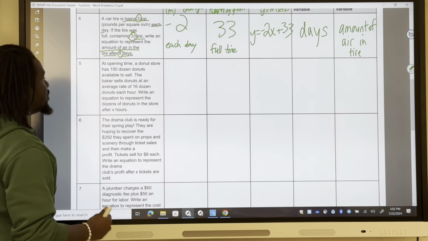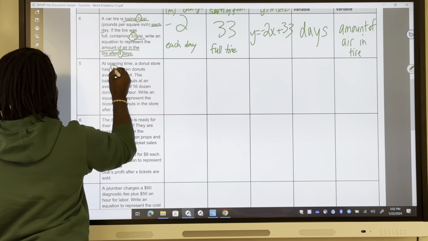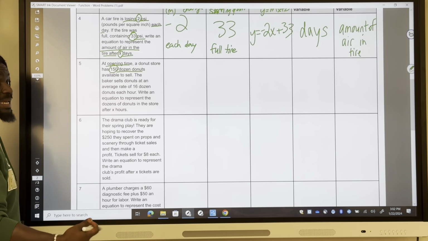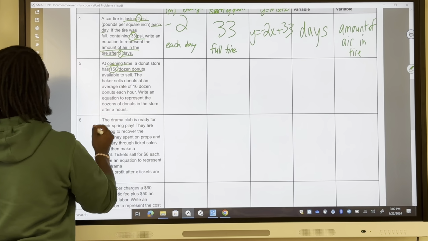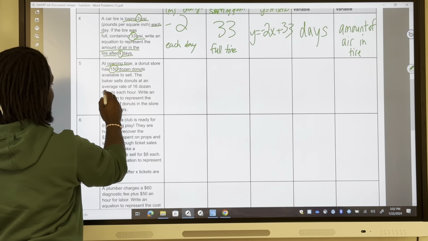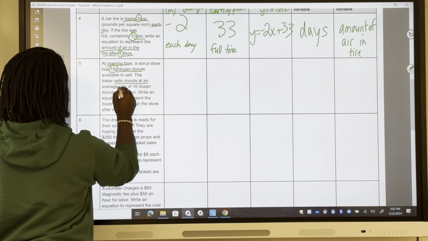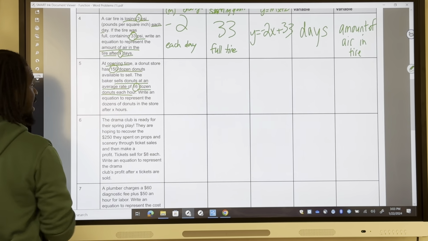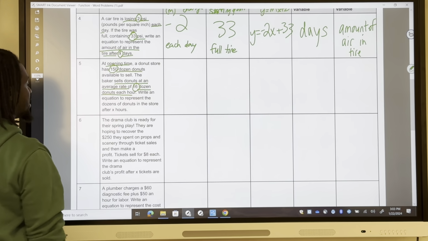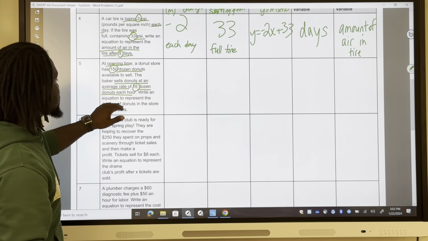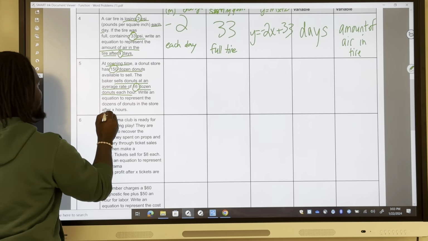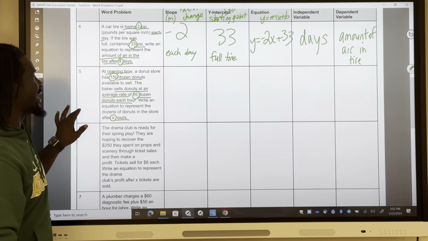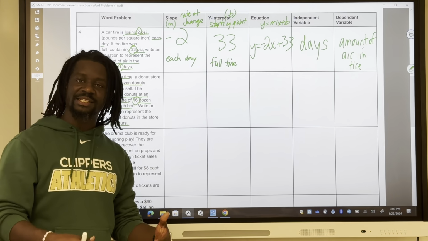Question number 5. At opening time, a donut store has 150 donuts. Again, at opening time, it has 150 donuts at the beginning of the day, right, to sell. The baker sells donuts at an average rate, so they sell donuts at an average rate of 16 dozen donuts each hour. Write an equation to represent the dozens of donuts in the store after x hours. Okay, so again, slope is the rate of change.